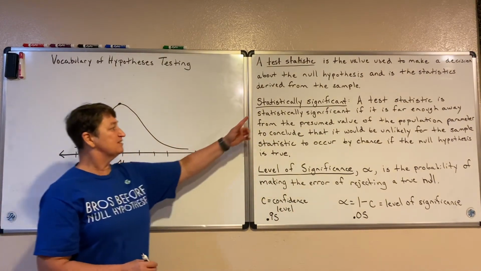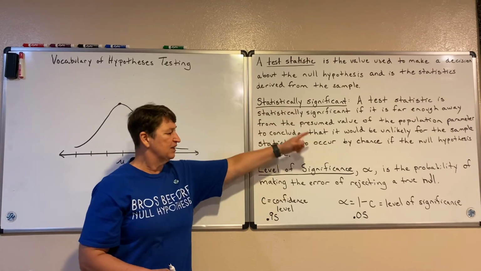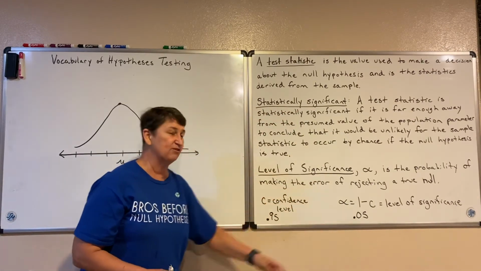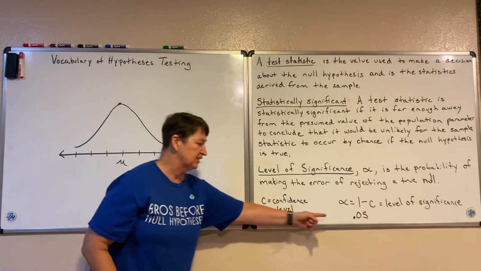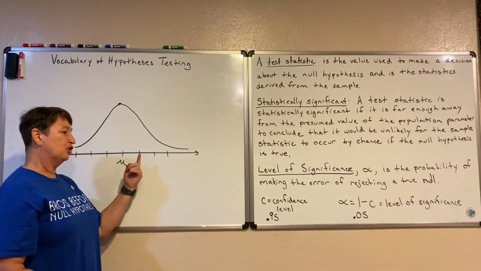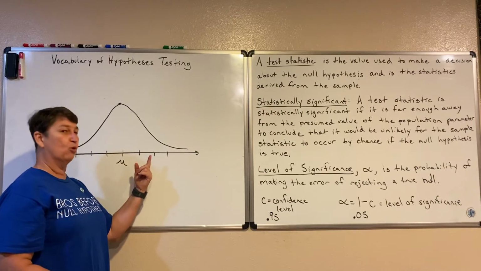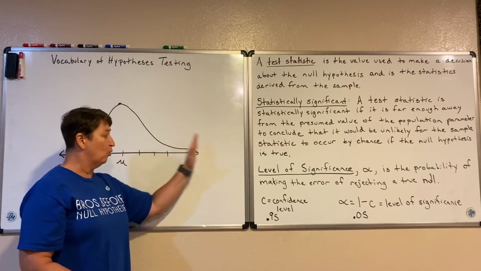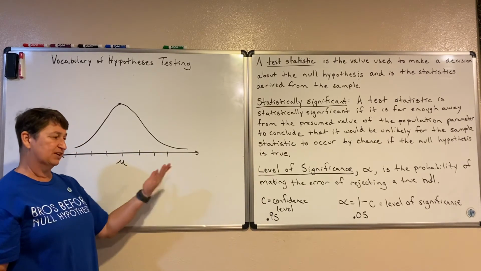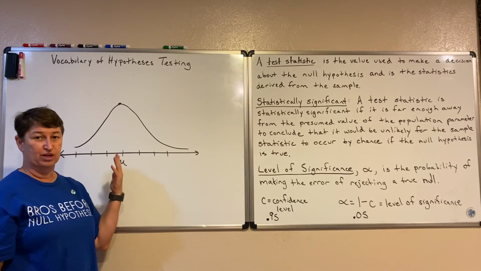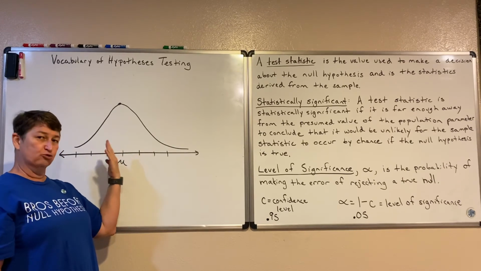So that statistical significance depends upon your level of significance. How far out is it? If my level of significance is 0.03 or 0.15, I would need to be way out there. But if my level of significance is like 0.1, 10%, then it would be closer to the mean.